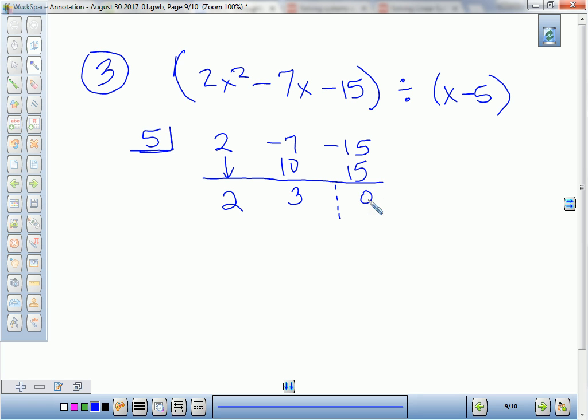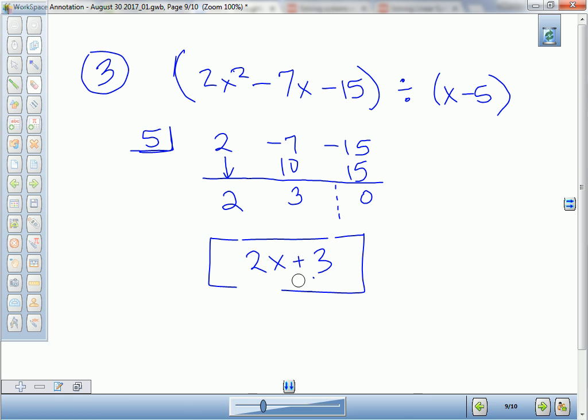The last one is always your remainder. So this one doesn't have a remainder. So that tells us that x minus 5 is a factor of this. What is the other factor? What does this 2 and 3 actually represent? 2x plus 3. So x minus 5 is a factor. The other factor is the quotient, which is 2x plus 3. It doesn't have to be put in parentheses. I don't know why I did.